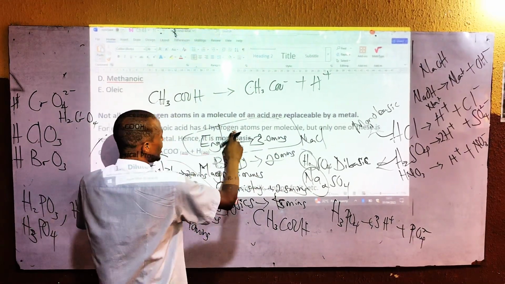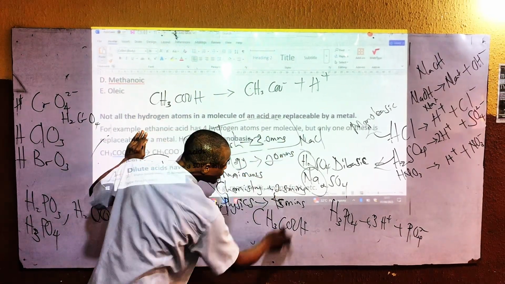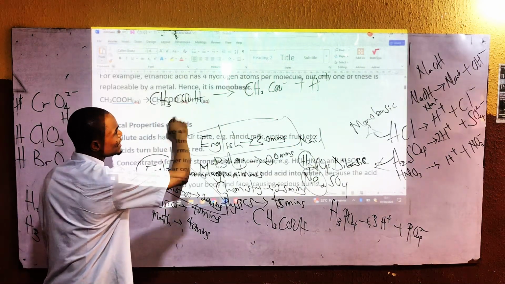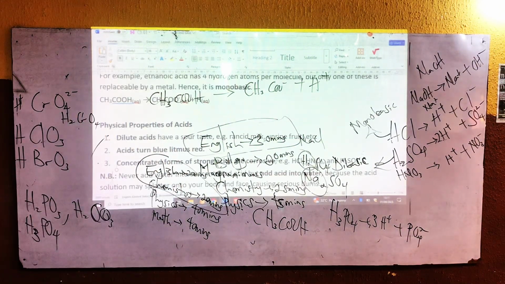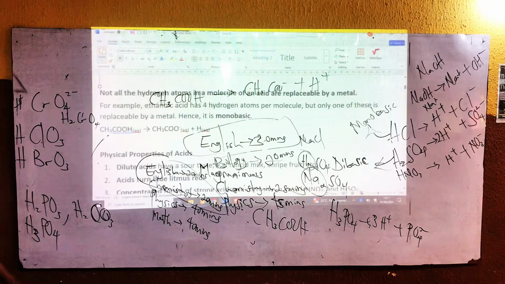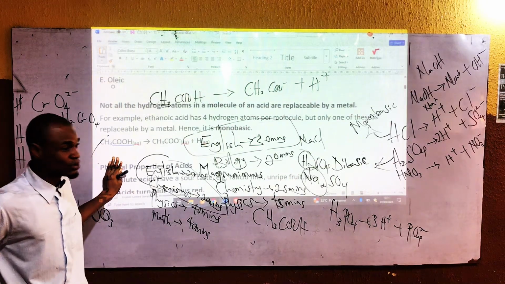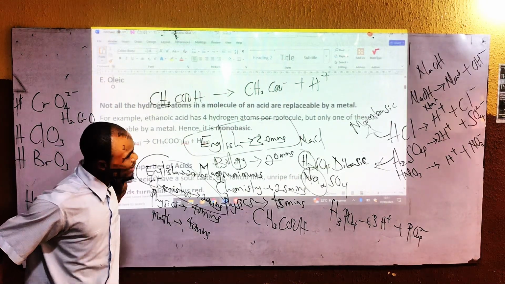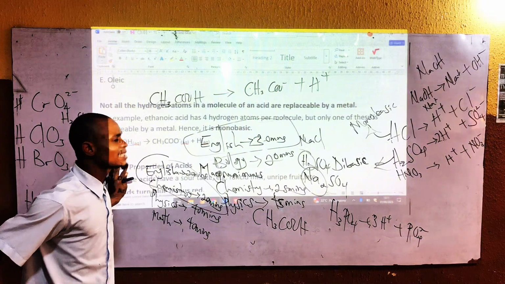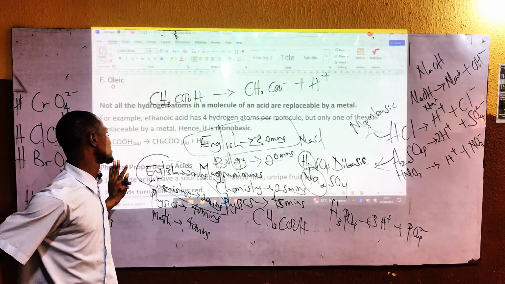Ethanoic acid has 4 hydrogen atoms per molecule, but only one of these is replaced. So it is monobasic. You don't say it is tetrabasic because it has 4 hydrogens. It is monobasic.